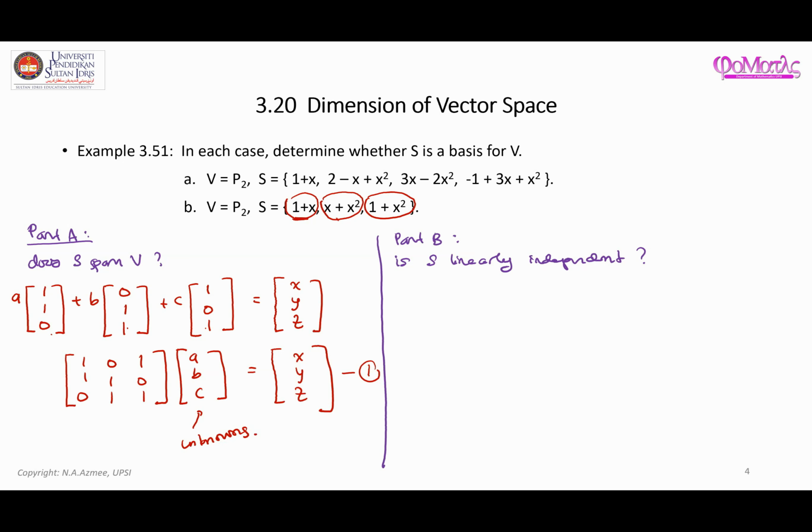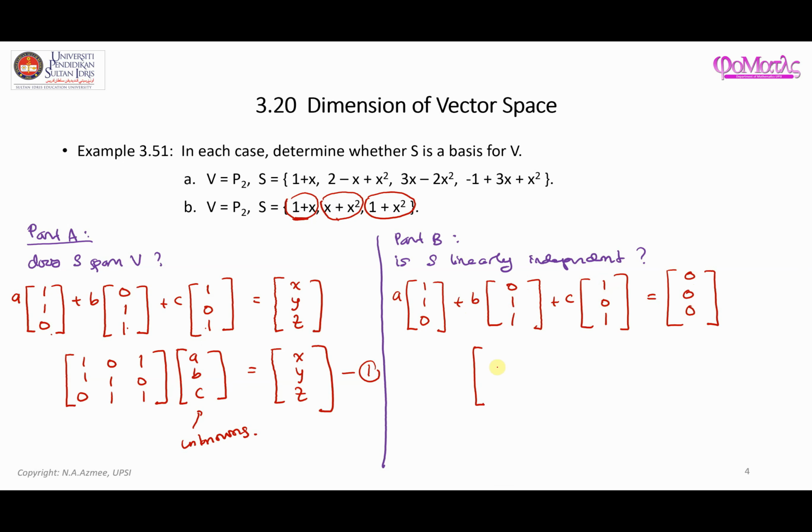Now similarly, you can also consider the combination of all these vectors, but here on the right hand side, it has to be all zeros.